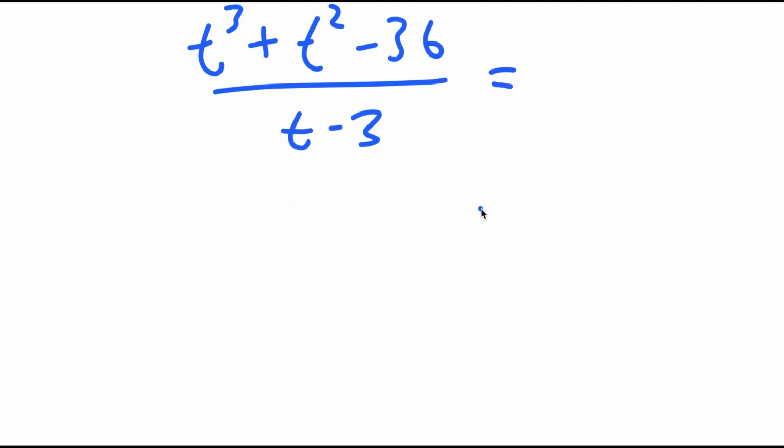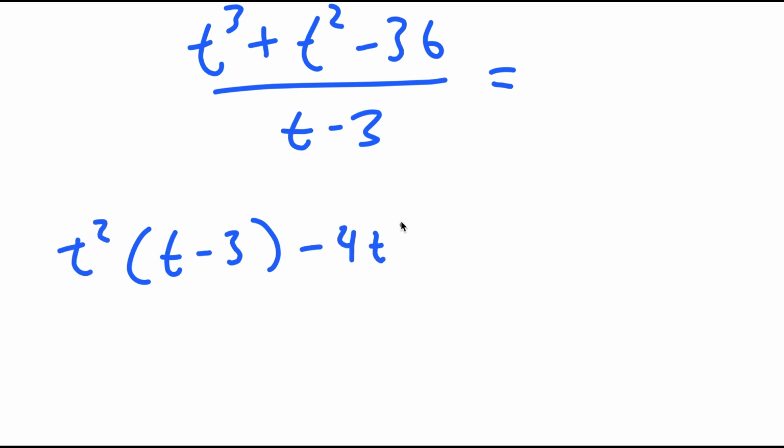So to divide this, if I factor out t minus 3, I get t minus 3 times t squared minus 4t squared minus 12t plus 12t minus 36 is equal to 0.